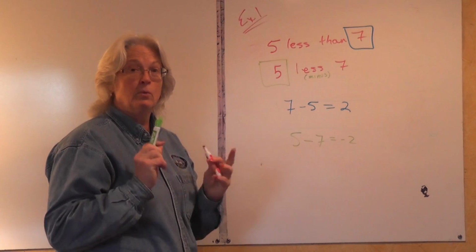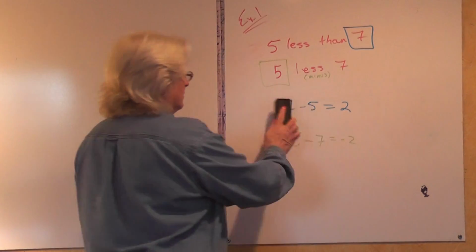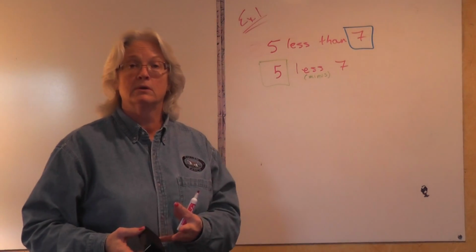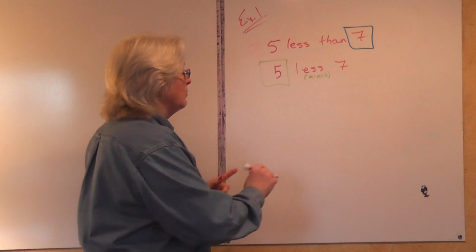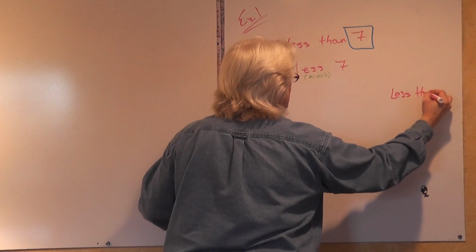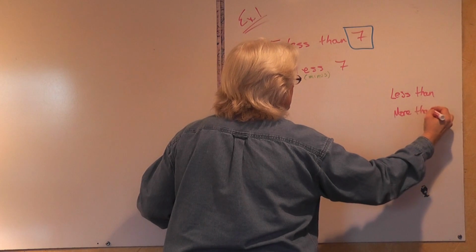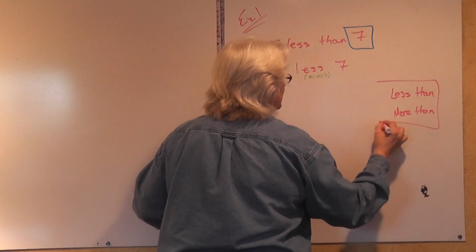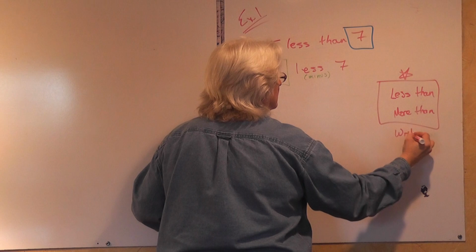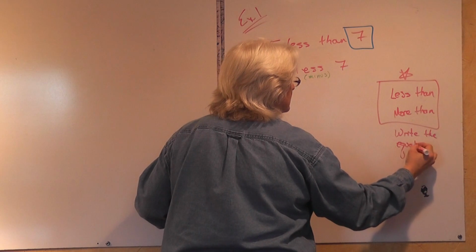Now, let me show you what I do. Some of you love this idea. Some of you don't. I don't care which way you use to jog your memory. But when you have less than or more than, I'm going to put this little asterisk over here: write the equation in reverse.